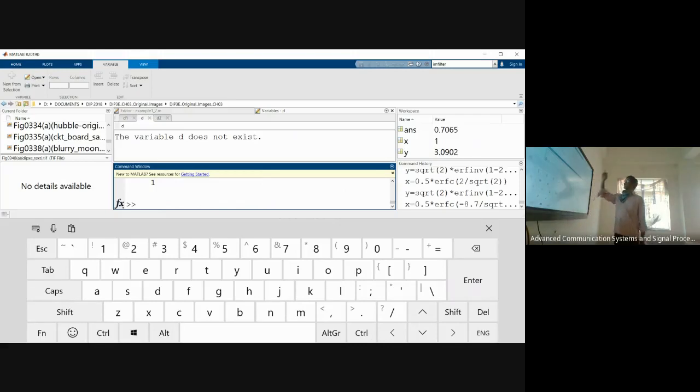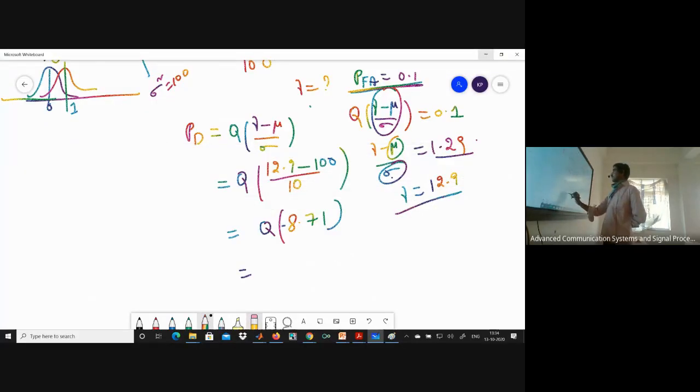You see here, I tried to calculate Q of minus 8.7. It is 0.5 times the complementary error function of minus 8.7 divided by root 2. This goes to 1, which indicates that my probability of detection in this particular case is equal to 1.